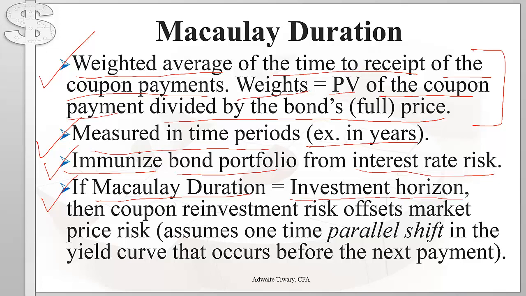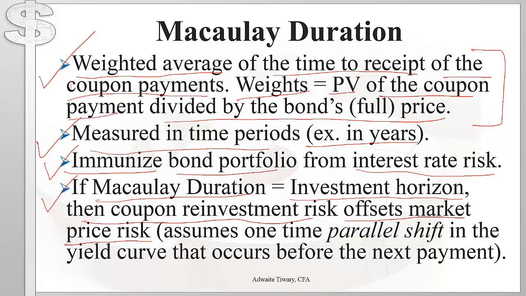In that case, let's say the interest rates change. Let's say the interest rates increase, then we'll have higher coupon reinvestment income, but the bond's price will fall. It turns out that the higher reinvestment income will be exactly offset by the drop in the bond's price.